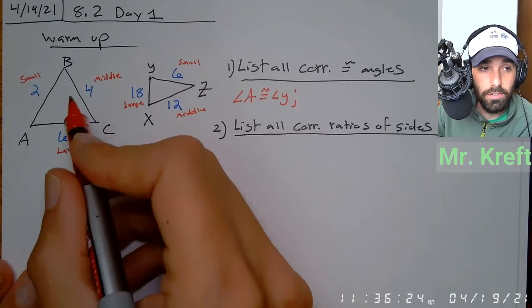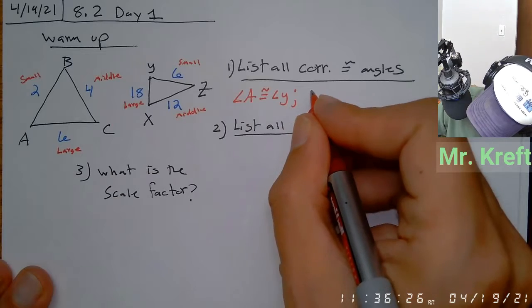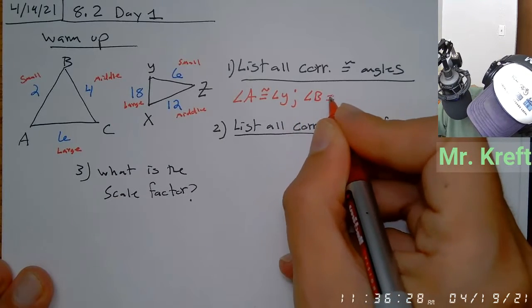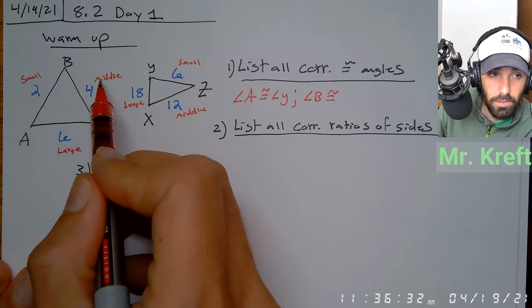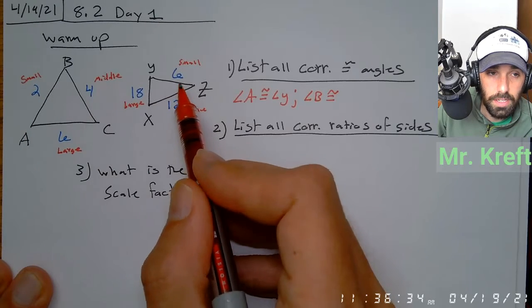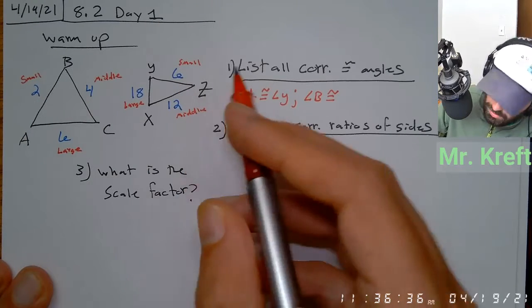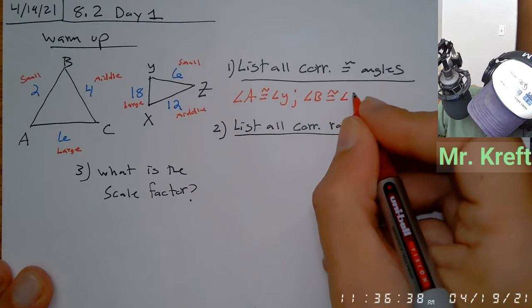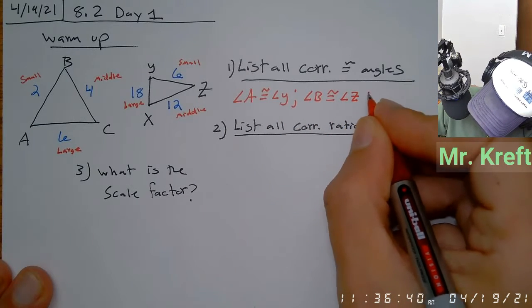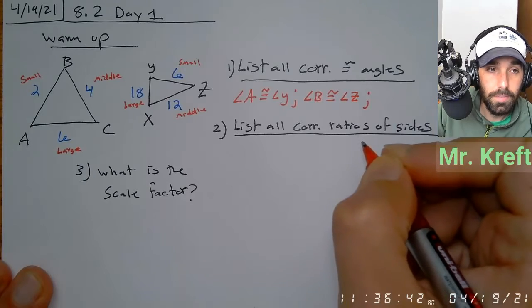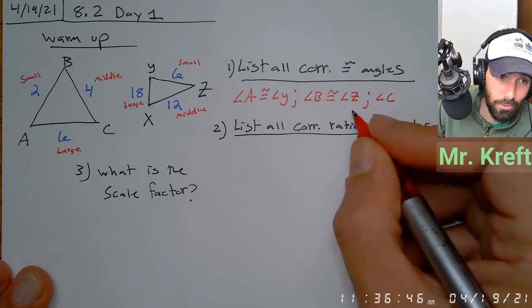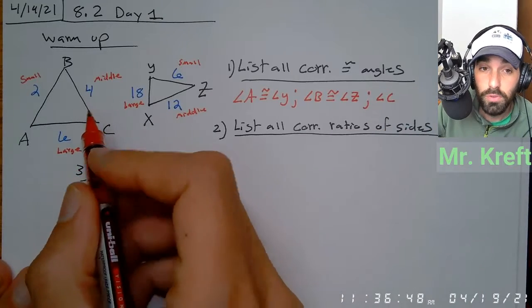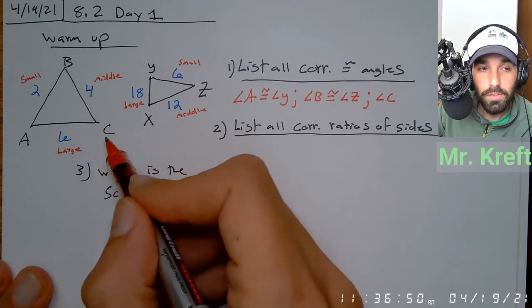Next, angle B is between the small and the middle. The small and the middle over here would be Z, so angle B is congruent to angle Z. And last, angle C. There's only one left, so it has to be X, but we can also use the same method for practice.